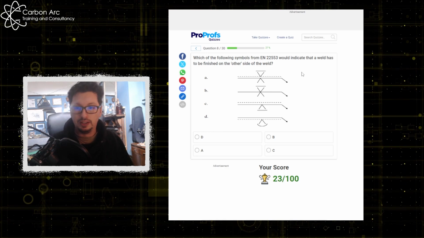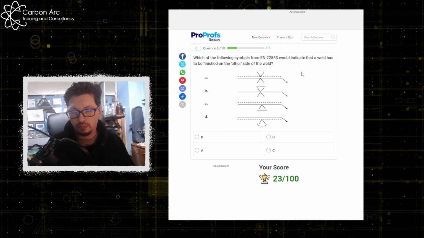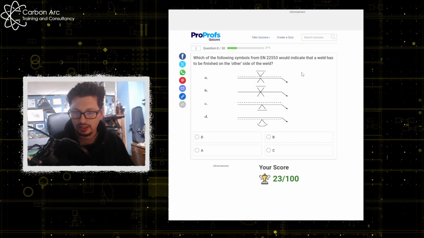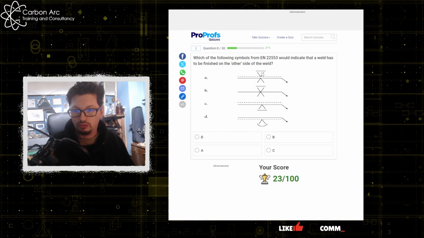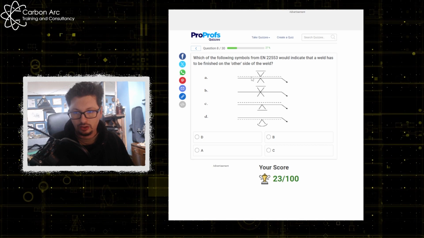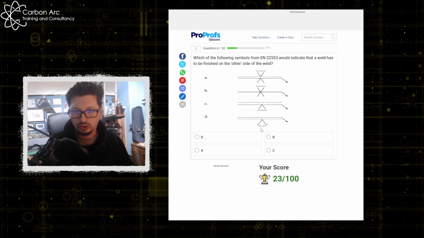That would be the other side in the American, but we're being asked for European. So the best answer there, looking down it, is A, because we've got a double V butt weld, and then on the other side, on the dotted line, we've got a weld being flushed.